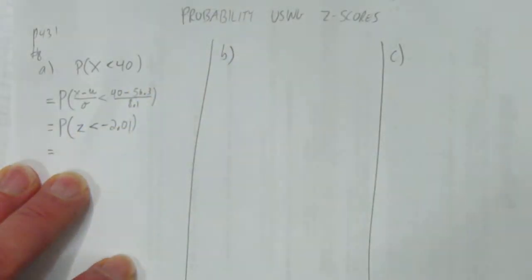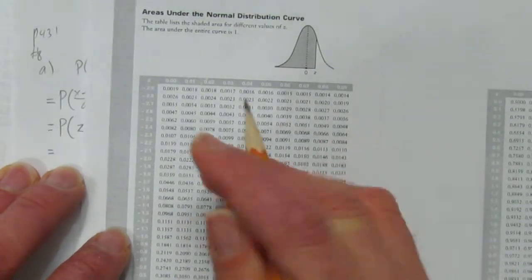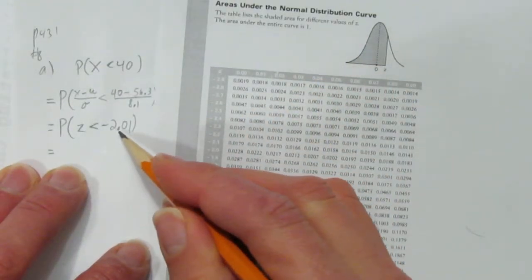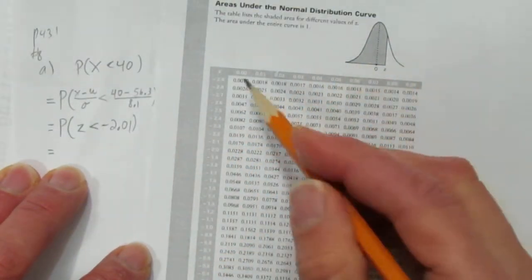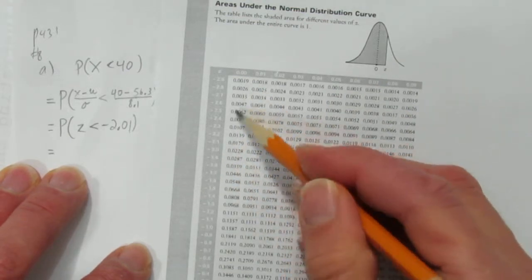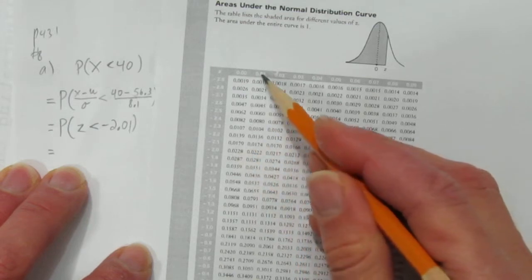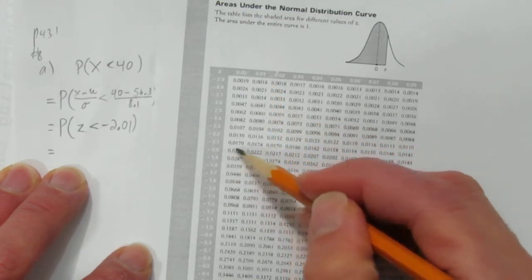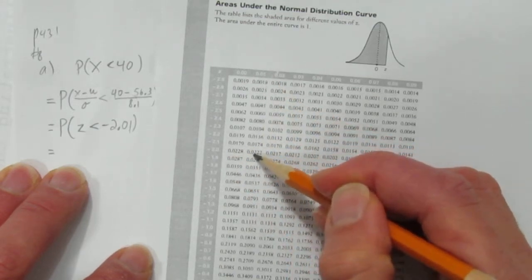We'll have the answer. So we take a z-score table, and we want negative 2.01. This side's the negatives, negative 2.0. So this column is negative 2.00, and this column is negative 2.01. So that's right here.